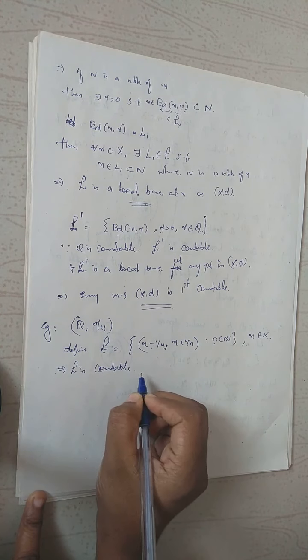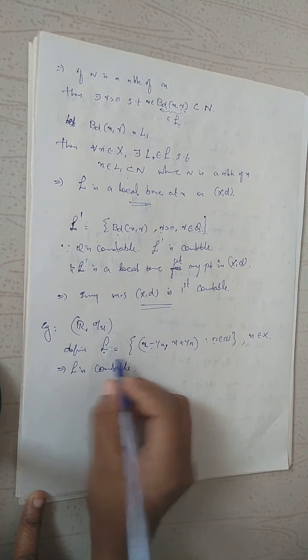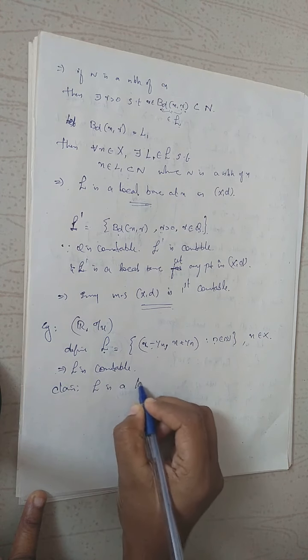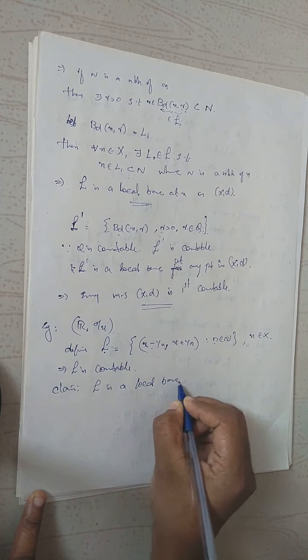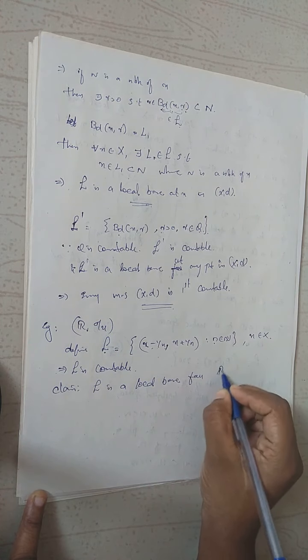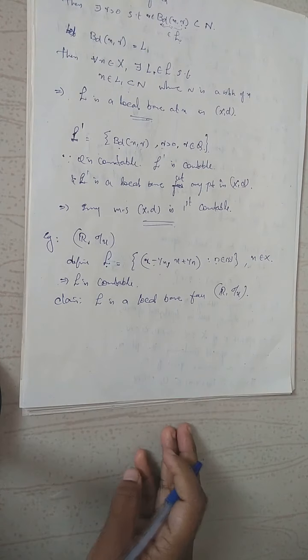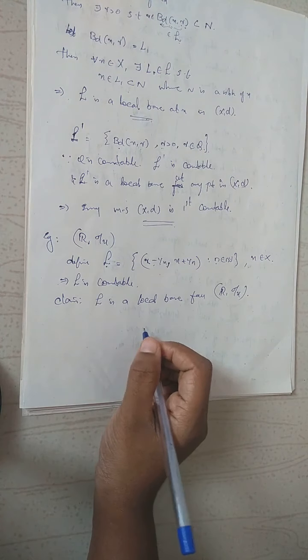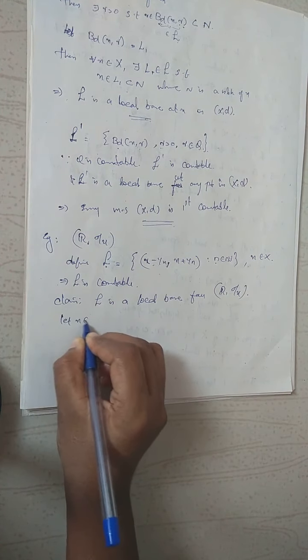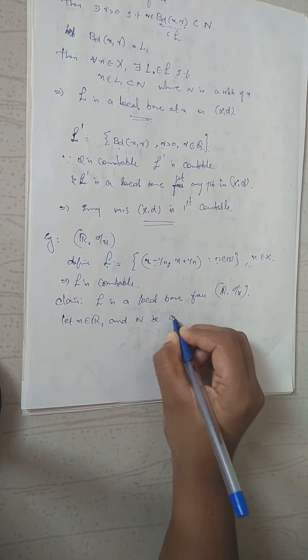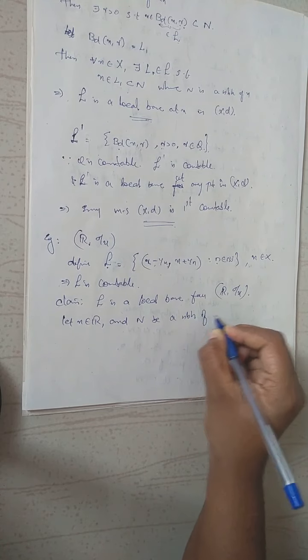Now I am going to prove this L is a local base for R. I claim that this L is a local base for R with the usual topology. How will you prove it is a local base? You consider any neighborhood. Let x be a point in R, and N be a neighborhood of x.